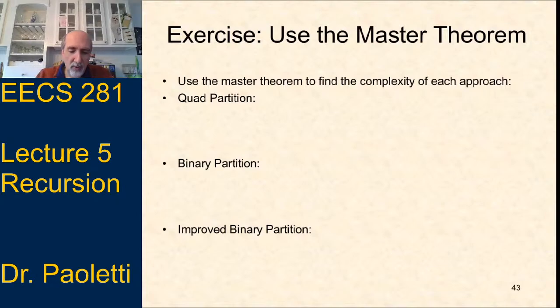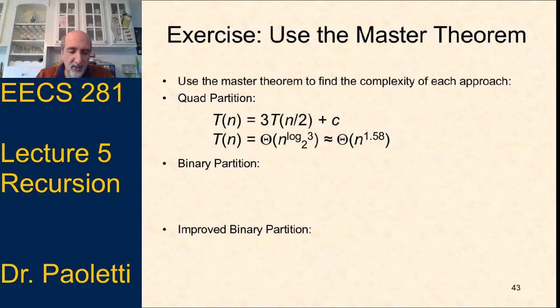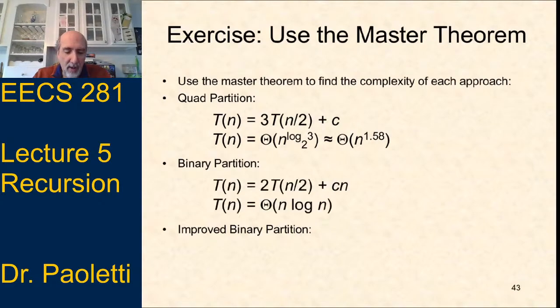If we use the Master Theorem or substitution on each of these, for the quad partitioning we get 3T(n/2) plus c, big theta of n to the log base 2 of 3, which is about n to the 1.58 power. That one that seemed so weird, n to the 1.58 power approximately, turns out it's an actual equation for an actual algorithm.